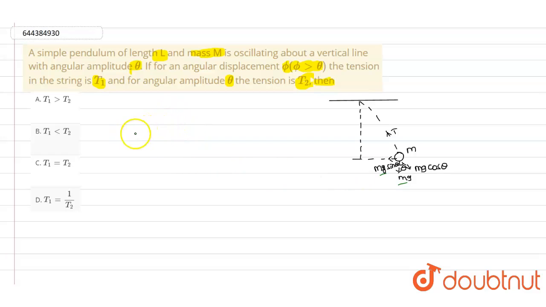So according to that, the angular amplitude is given as pi, which is less than the theta value. So the initial tension is represented with the theta.